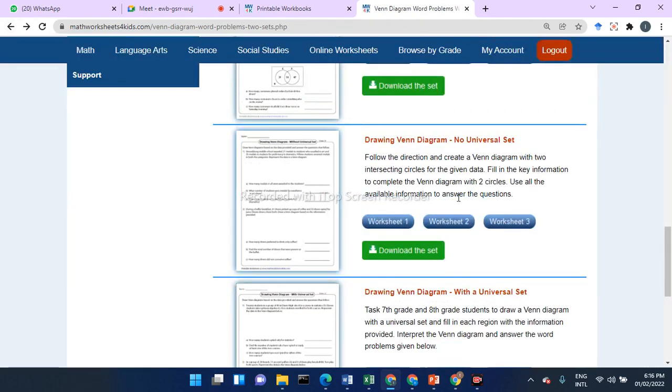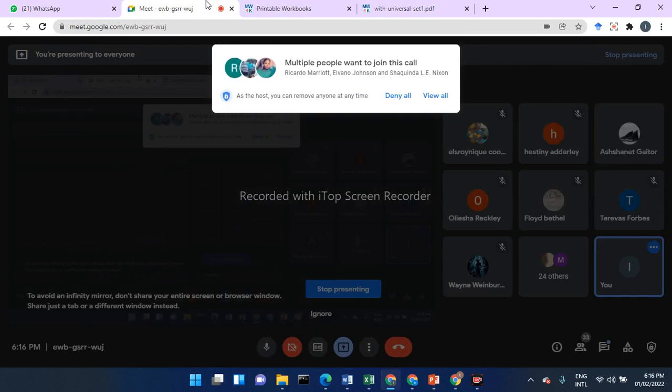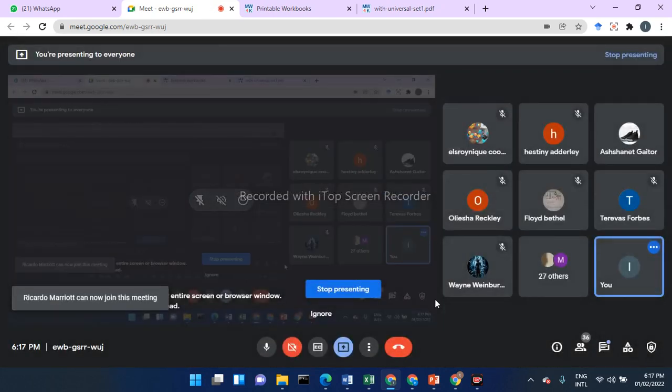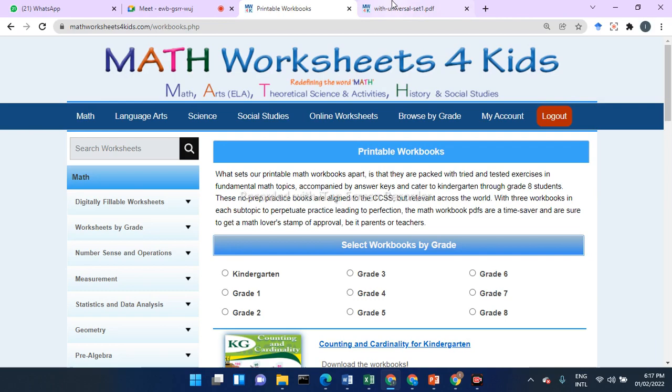Okay, so all right, so we did one with no universal set. Let's do one with a universal set. Okay, so this one, we're doing it with the universal set.